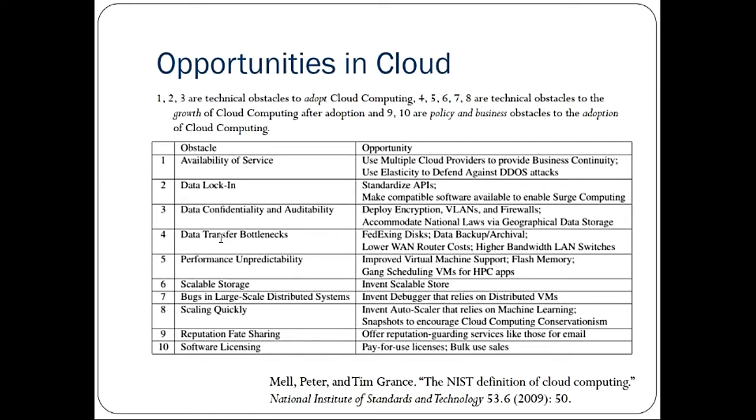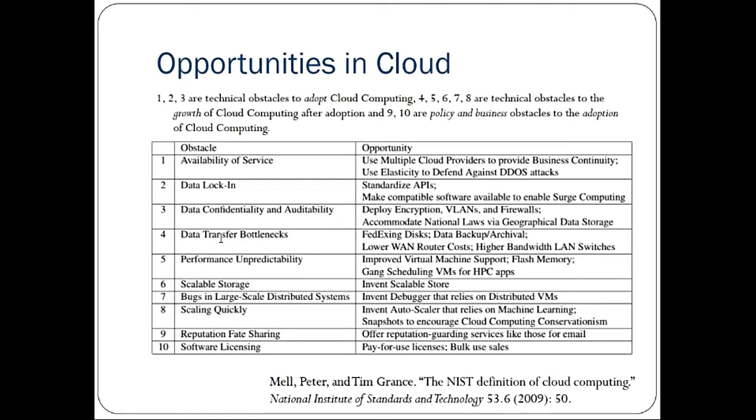Then even after those maintenance issues, 9 and 10 are policy and business obstacles to the adoption of the cloud computing model. So 9 and 10 mean reputation fate sharing and software licensing. These are actually further than cloud development and cloud maintenance. Reputation and software licensing are actually dependent on other companies and other systems as well.